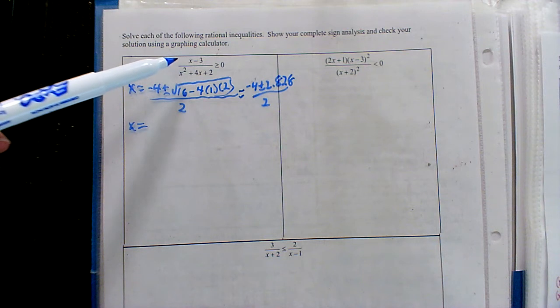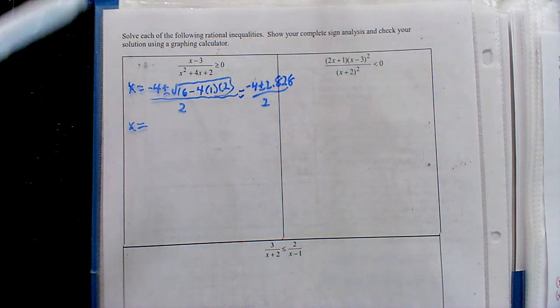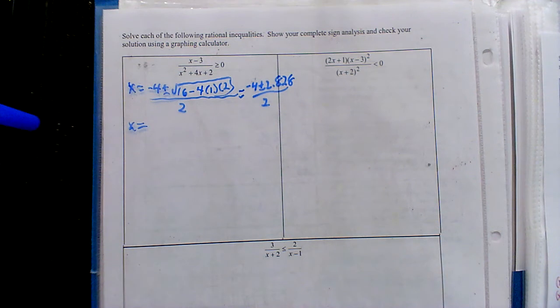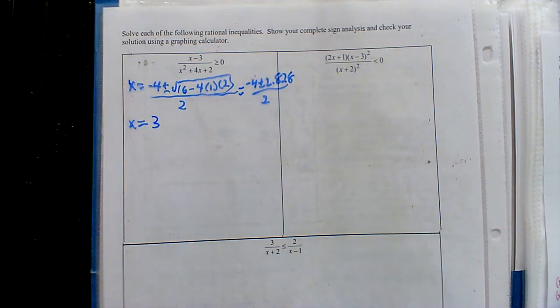If we refer to the top, we know what x value makes this 0. What x value makes this 0? Anyone? What will make the top equal to 0? Okay, if we have 3 on the top, that is going to make the entire thing 0. So one of the x values is 3.